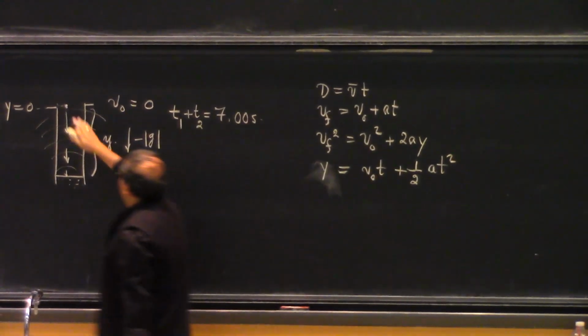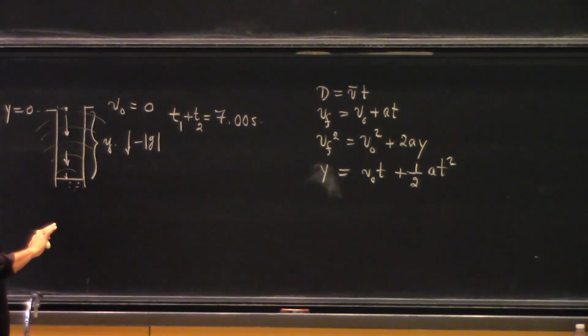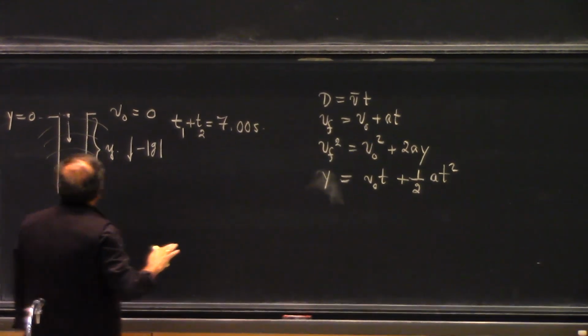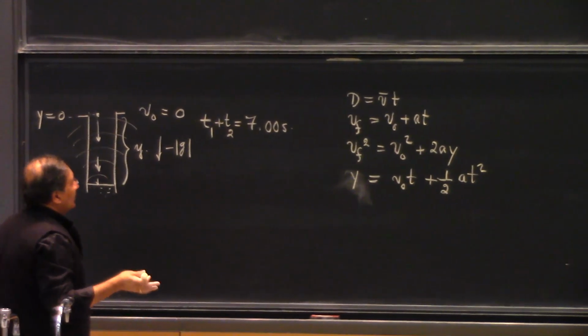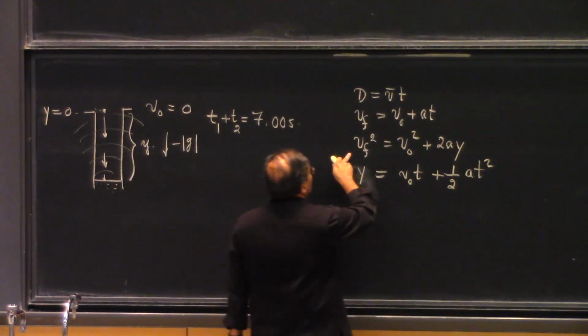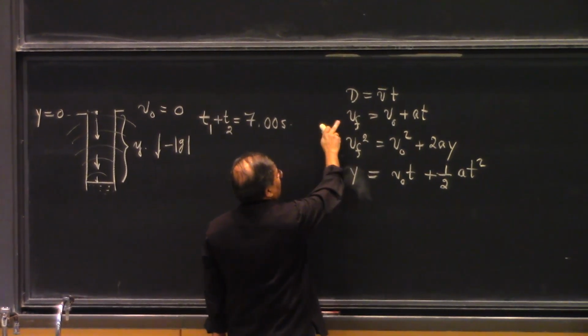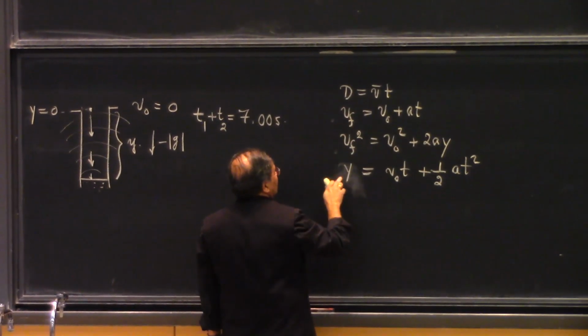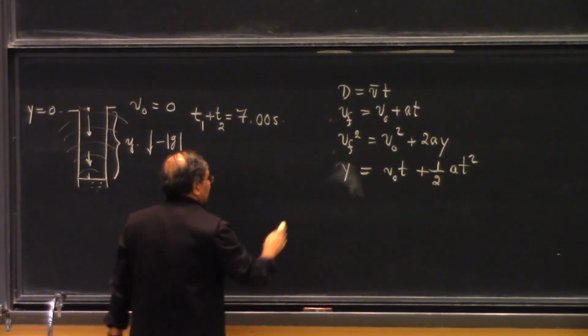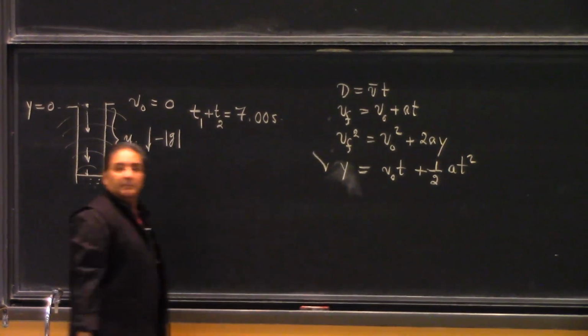So as far as the drop of the ball is concerned, V0 is 0. We don't know the height, so this equation is ruled out. We don't know V final, so this equation is not going to be very helpful. It's y we are after. So this is the one that we should be playing with.